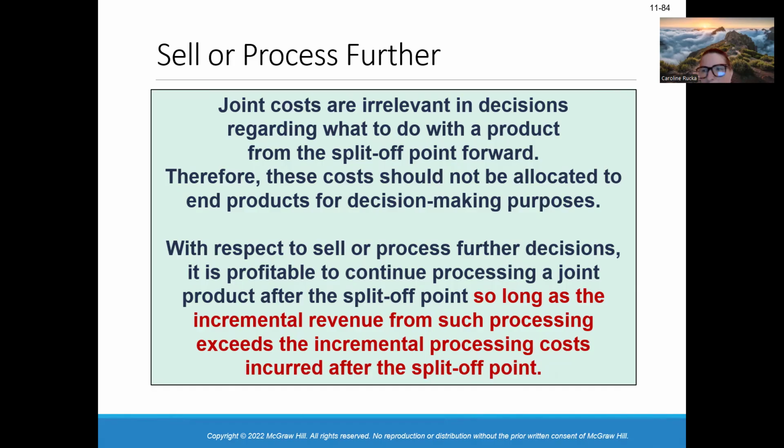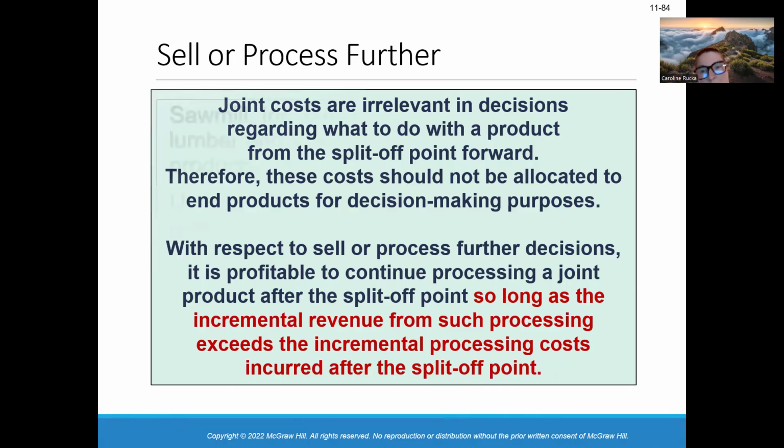Maybe when you're establishing your cost of goods sold for your external reporting, that's something completely different. When you're making these sell or process further decisions, sometimes it's going to be profitable to continue processing a joint product after the split off point, but only if the incremental revenue from processing it exceeds the incremental processing costs incurred after the split off point.